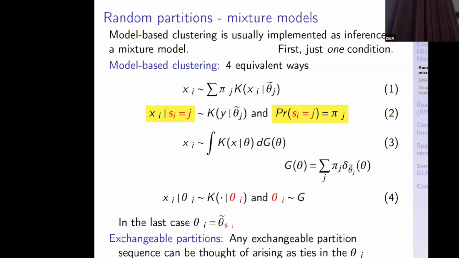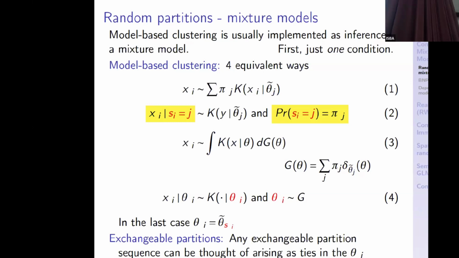Alternatively, I can write the same thing as an integral of the kernel with respect to a mixing measure G, where that G becomes now a discrete mixing measure with atoms at the cluster centers theta-tilde. And again, it's of course saying exactly the same thing. And again, equivalently, I could write that mixture model in line 3 with a latent variable, the latent red variable theta i. And again, it's saying the same thing.